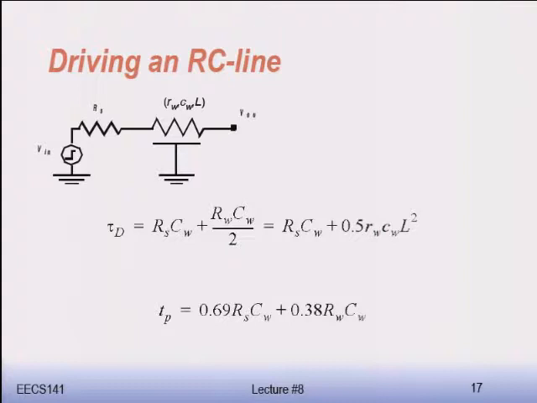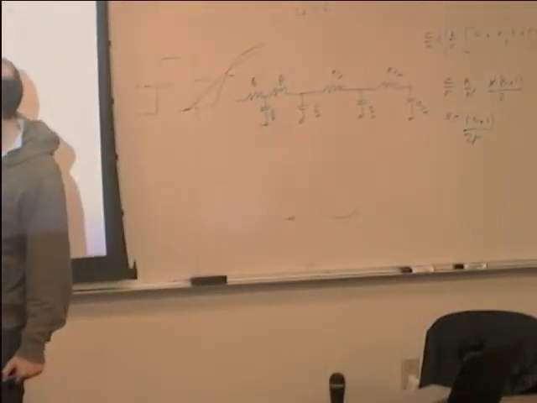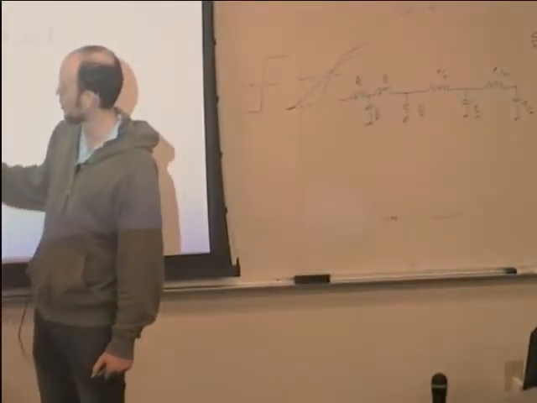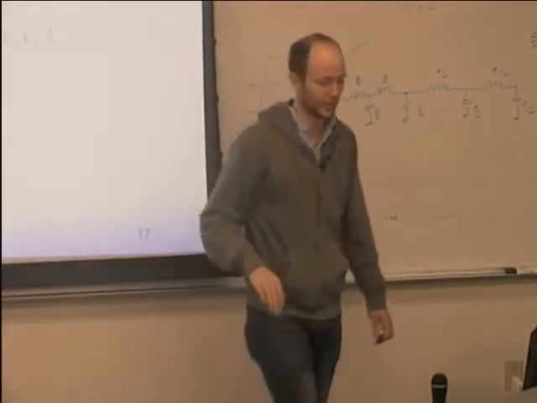Or in other words, it behaves as if the wire capacitance sees a resistance that is the driver resistance plus half of its own distributed resistance. So we already kind of saw that, okay? And if you want to be more accurate in the 50% time, you use this 0.38 instead of 0.69 over 2. Okay, it's a small change.